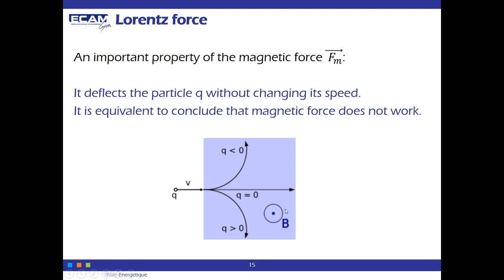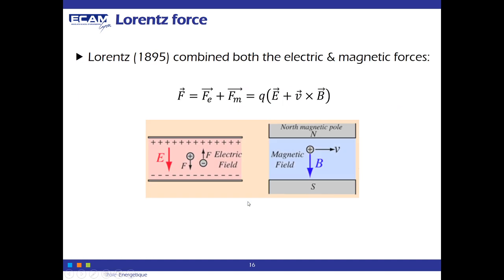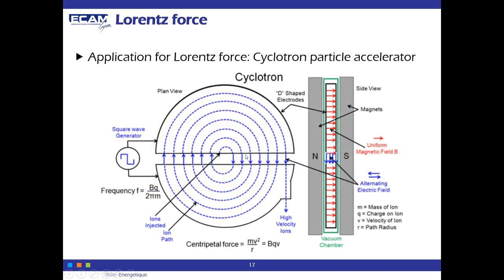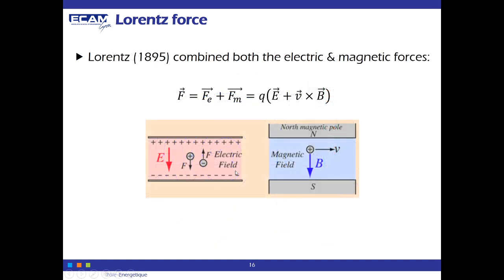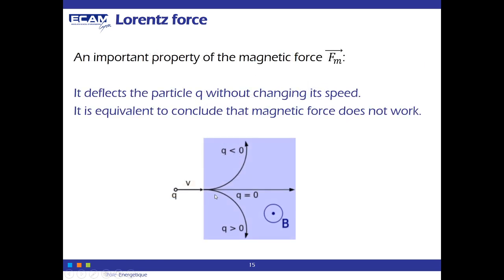In fact, the most important thing when we discussed the cyclotron example is that the trajectory of the particle will be centripetal, so it will be rotating, circulating.